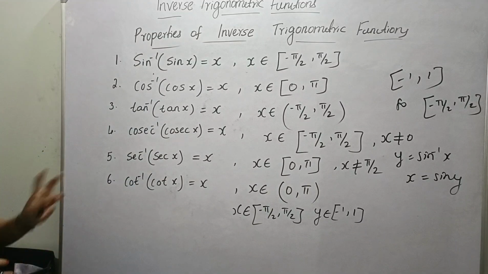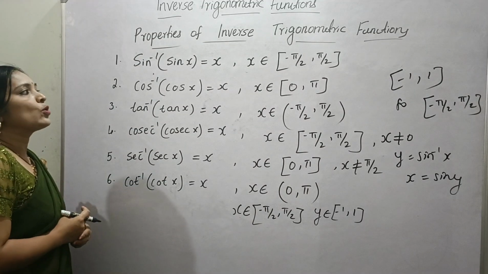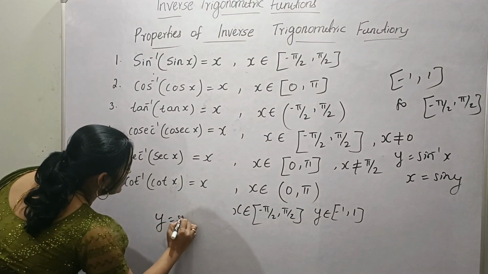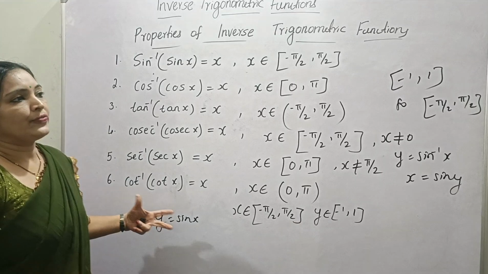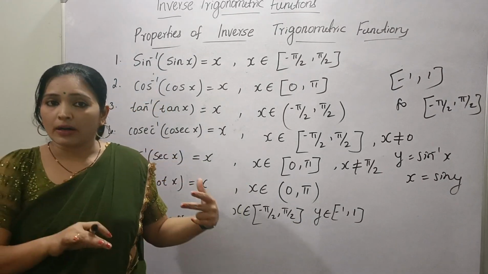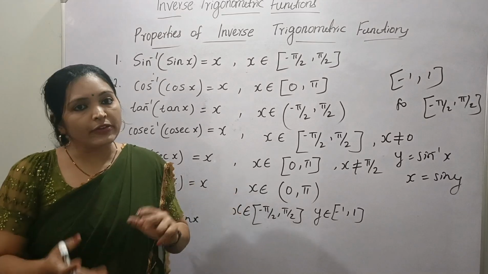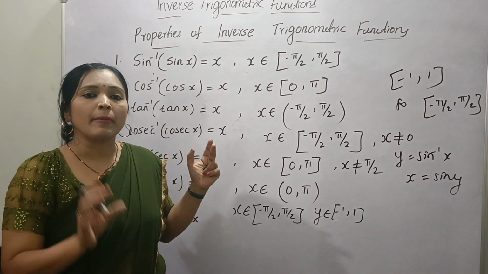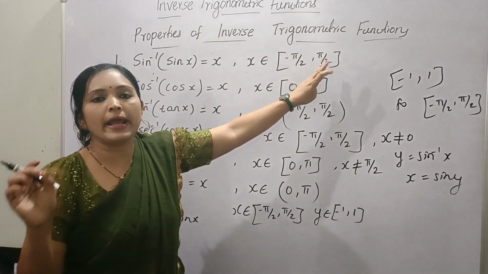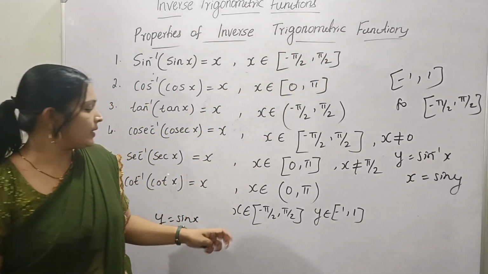So first let us prove the first one, sine inverse of sine x is equal to x. So for that, let y is equal to sine x. And the sine function is an invertible function in the domain minus pi by 2 to pi by 2, range minus 1 to 1, right?